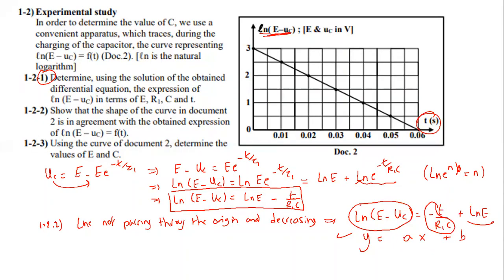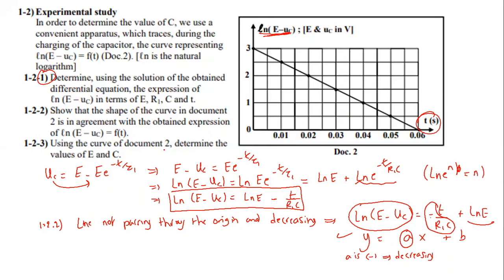Since it's a line, it's the equation of a line, plus I must say that the slope is negative. So A is negative, which means it's decreasing. So yes, the graph verifies the equation.